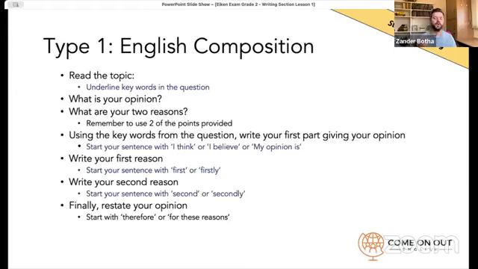Part number two, where you give your first reason, you can start with first or firstly. Part number three, where you give your second reason, you can start with second or secondly. And then part number four, where you restate your opinion, you can start with therefore or for these reasons.